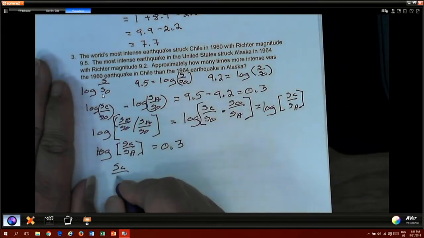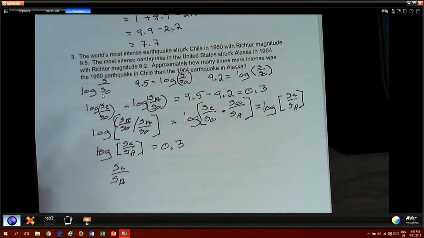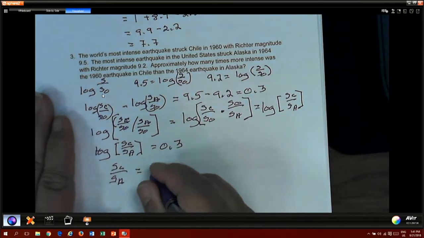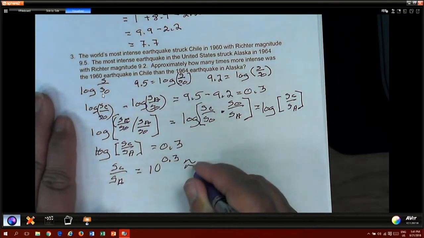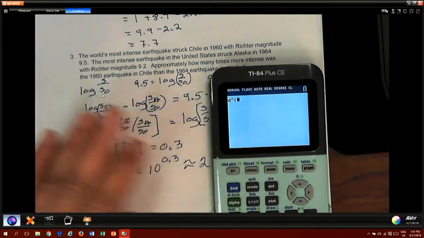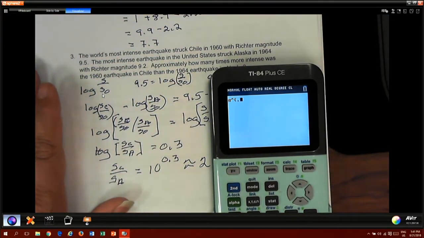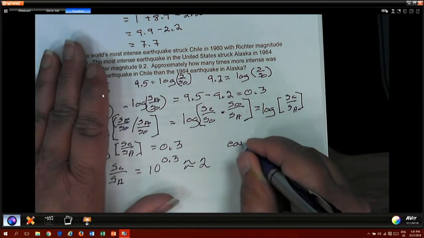So S sub C over S sub A, or the ratio of the intensity of the earthquake in Chile over the intensity of the earthquake in Alaska, is 10 to the 0.3, which is approximately 2. If we put in 0.3, it's 1.995, etc. So it's approximately 2.